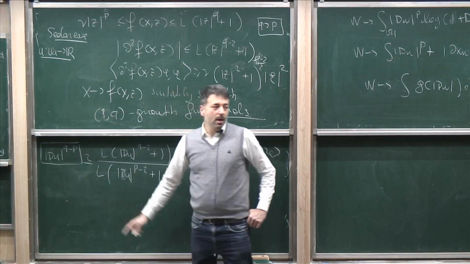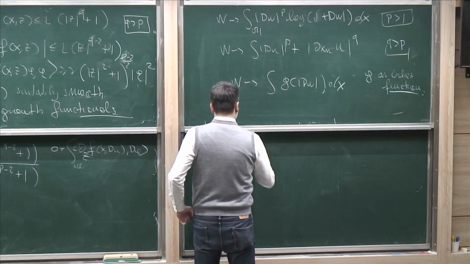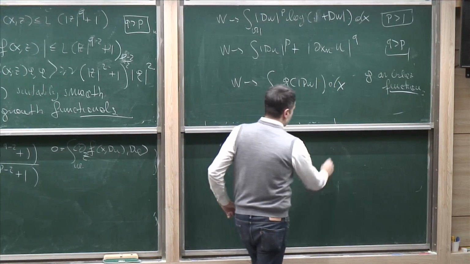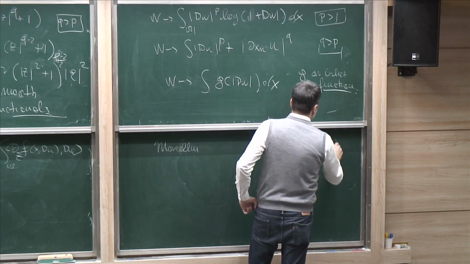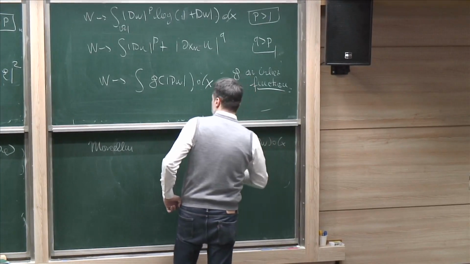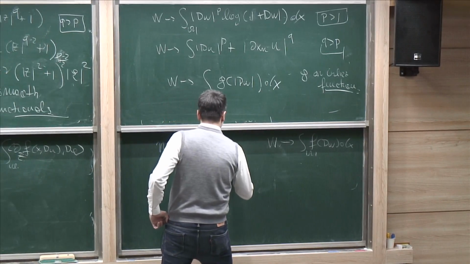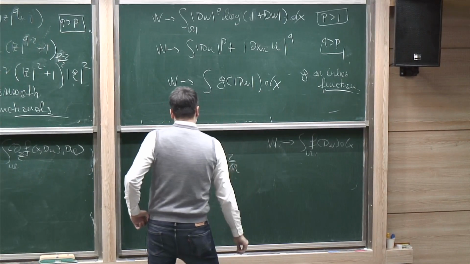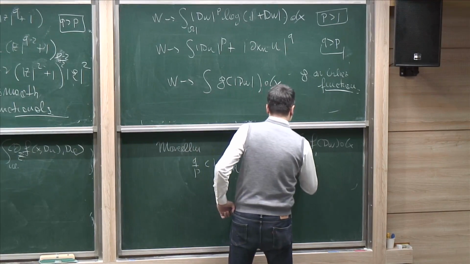It's not too large. So there's a theorem by Marcelli for functionals that are depending just on the gradient. Under these assumptions, then Marcelli proves that if Q over P is less than 1 plus 2 over n, then the gradient is in L infinity log.